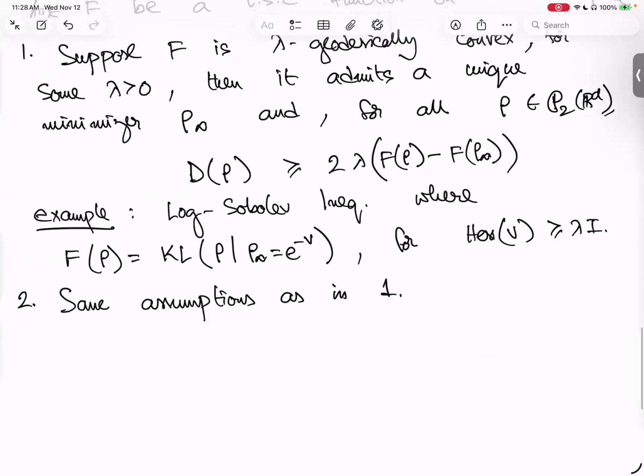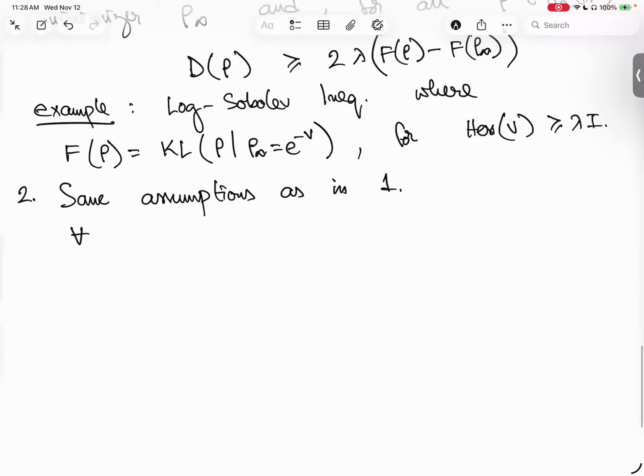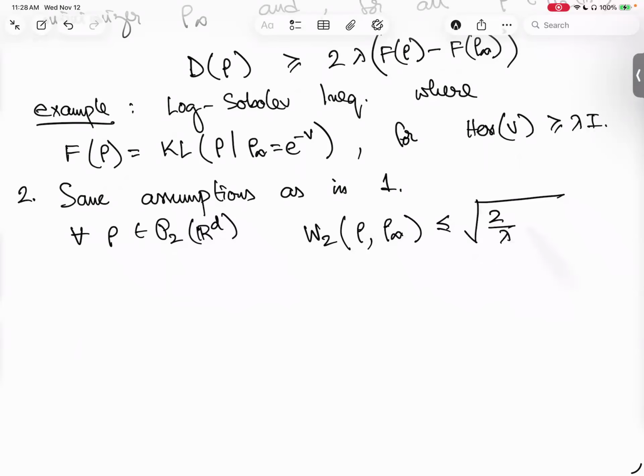And then I get for all rho in P2 of R^d, I can control the W2 distance from rho to rho infinity by square root of 2 over lambda, the difference of the functions, f of rho minus f of rho infinity.